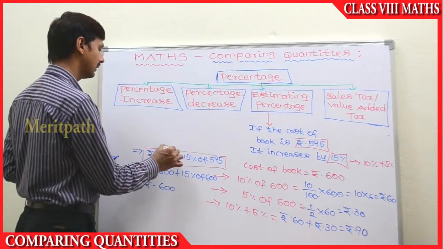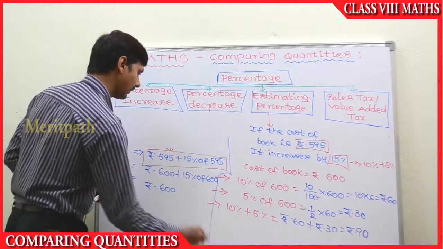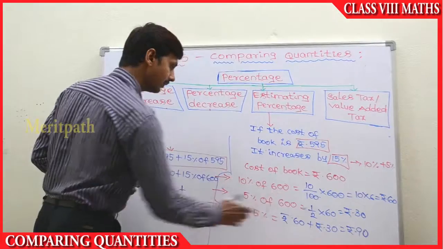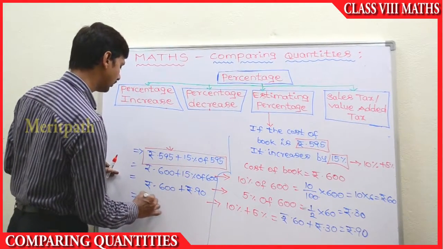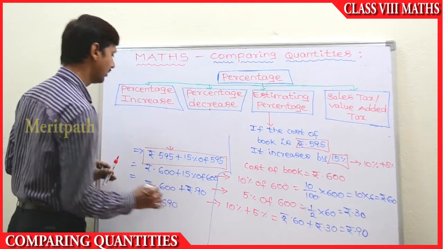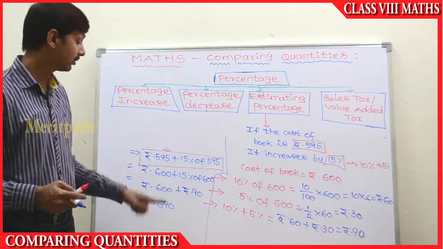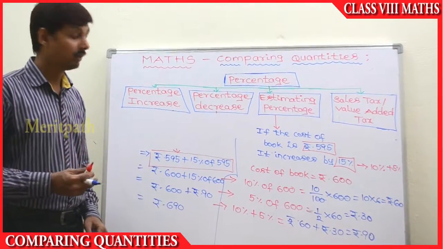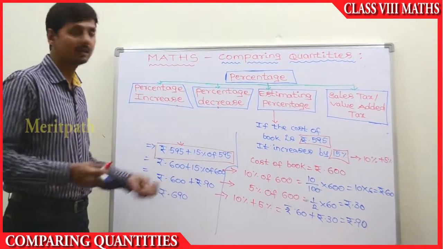So 600 plus 15% of 600, which is 90 rupees, and the total cost is 690 rupees. So the cost of the book after increasing by 15% is 690 rupees. It is an approximate value because we have taken 600.